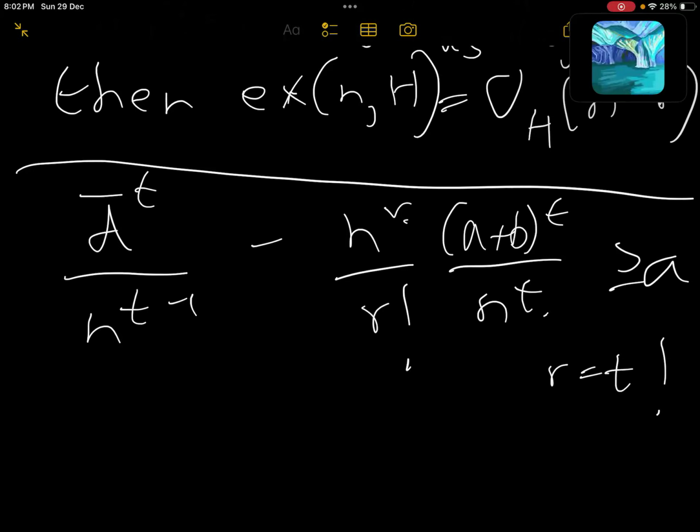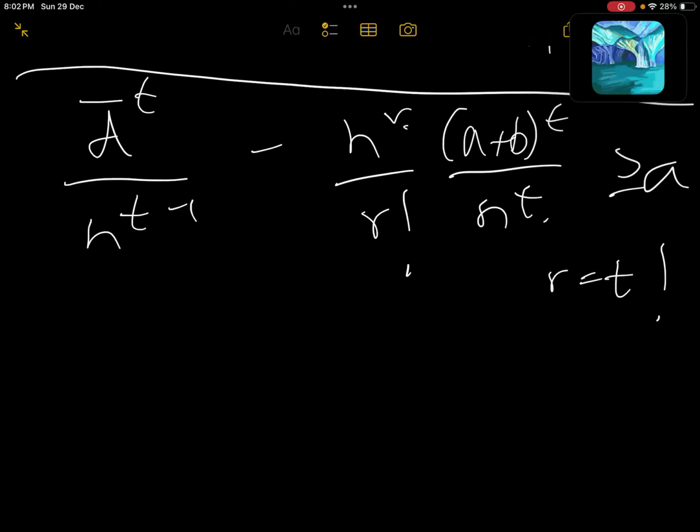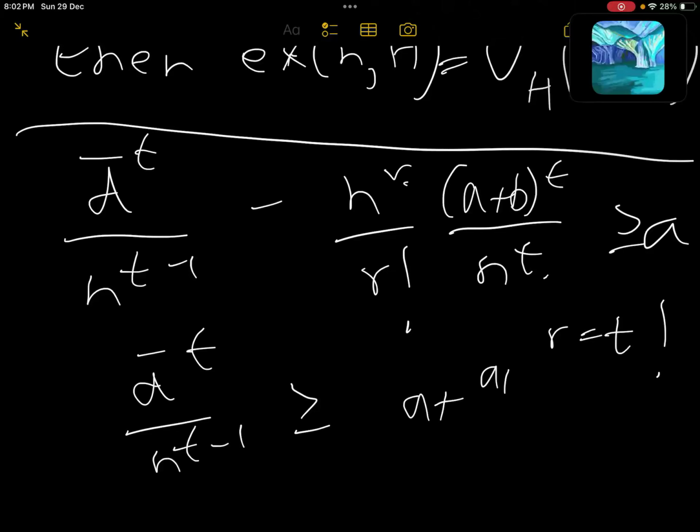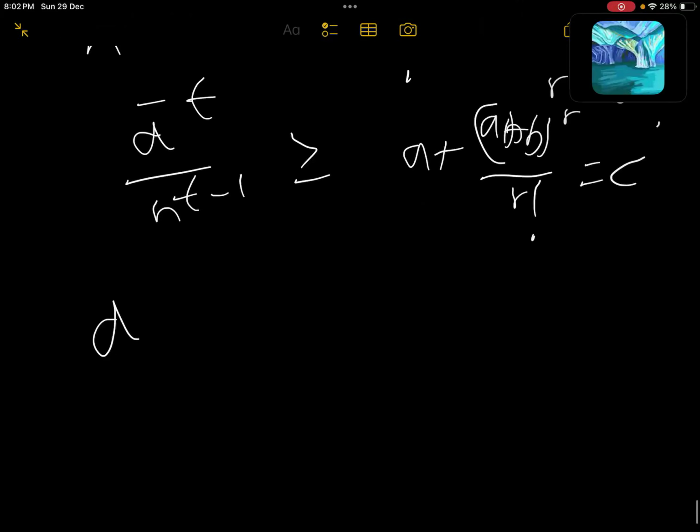But there's also another N down below D bar. So that's fine, but this term gets cancelled. So what we want is D bar raised to T upon N raised to T minus 1 is at least A plus this quantity, A plus B all raised to R by R factorial, which I'll call C from now on. So what we want is D bar raised to T is at least C into N raised to T minus, maybe C naught into N raised to T minus 1.